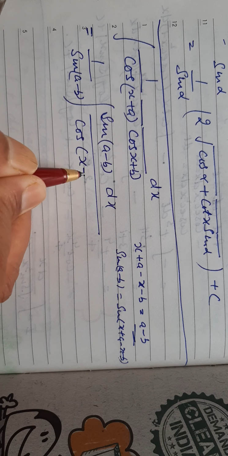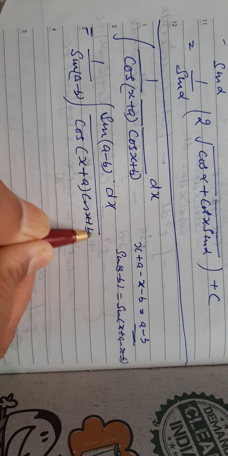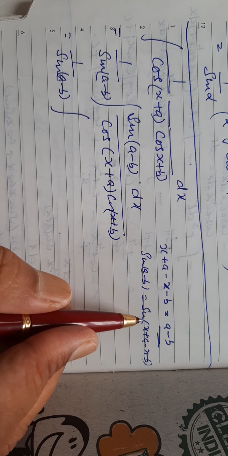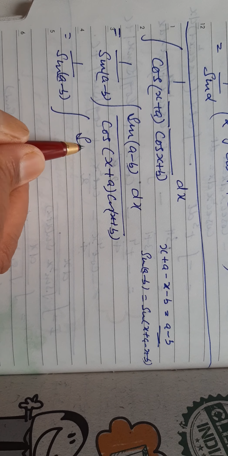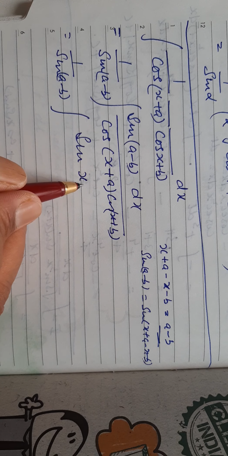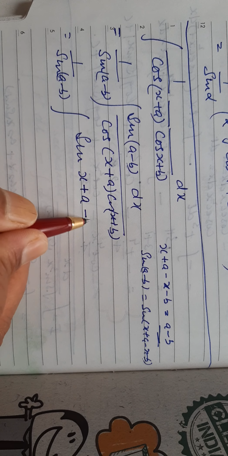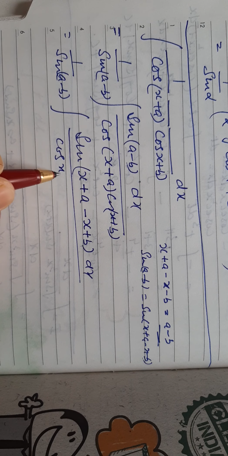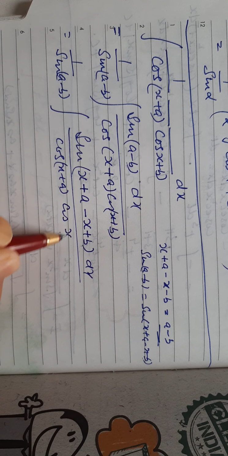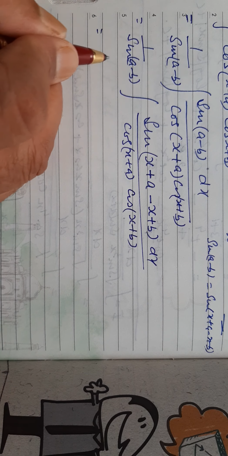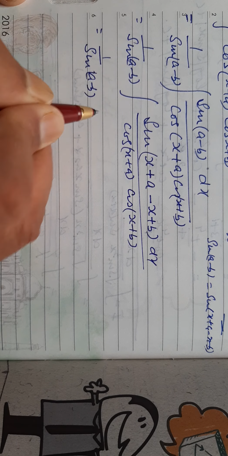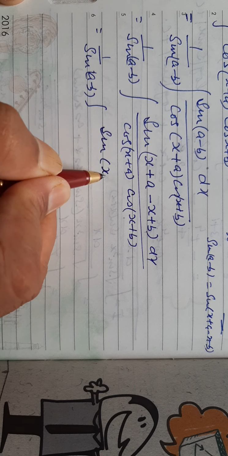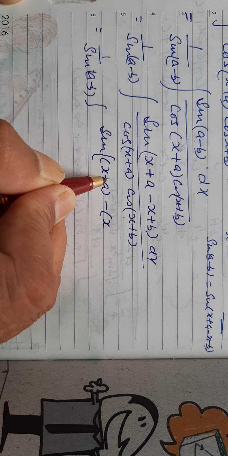That is equal to 1 upon cos x plus a into cos x plus b. 1 upon sin a minus b is a constant term, take it outside, and here we are adding and subtracting x: sin of x plus a minus x plus b, dx upon cos x plus a into cos x plus b.